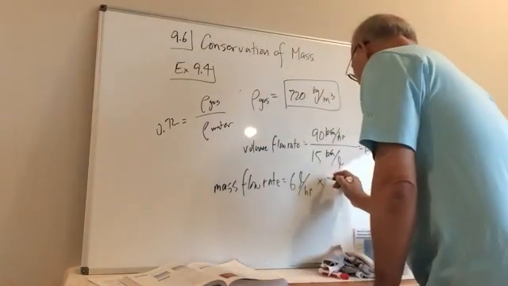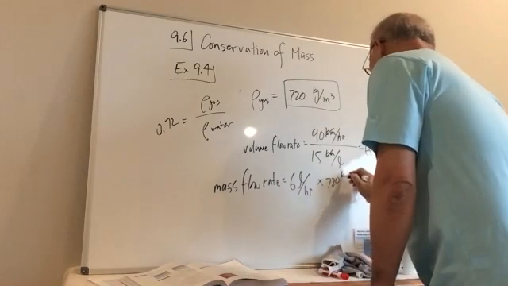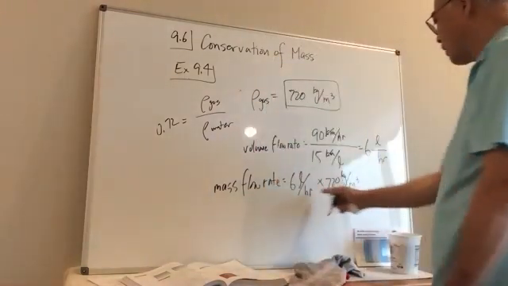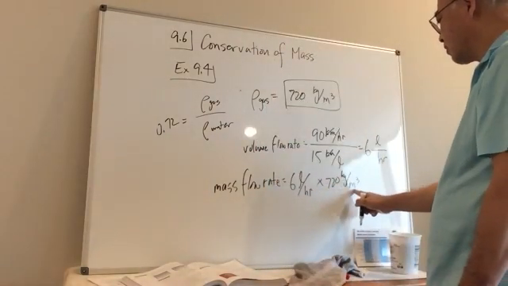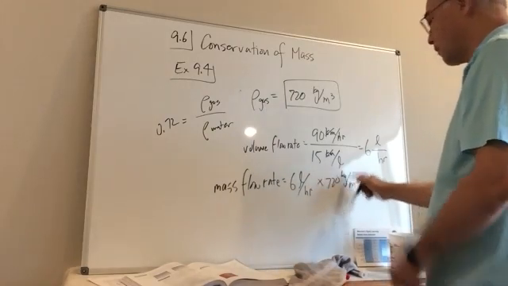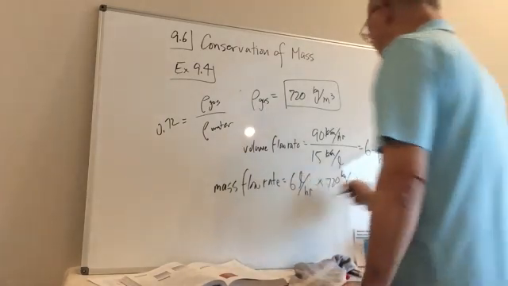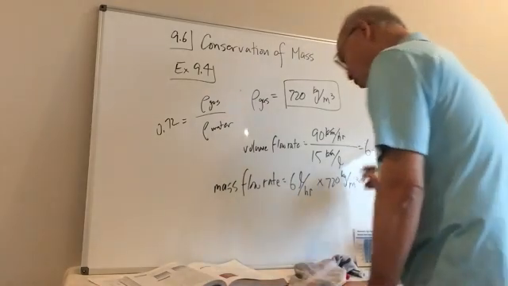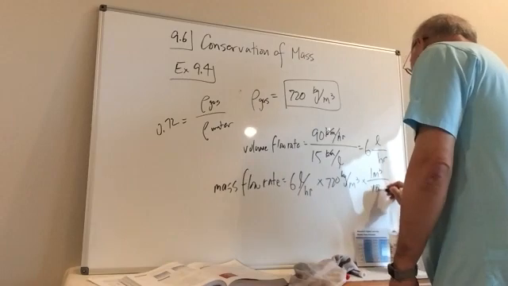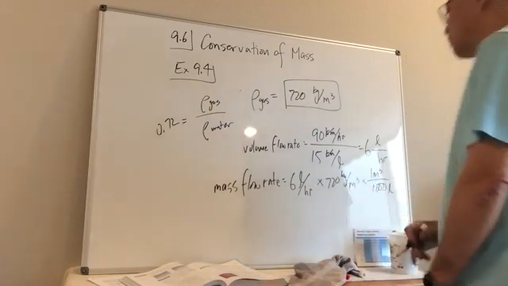720 kilograms per meter cubed, right? And then I have a liter and a meter, so I have to go ahead and change this, right? These are both volumes, right? So 1 meter cubed is going to be 1,000 liters.